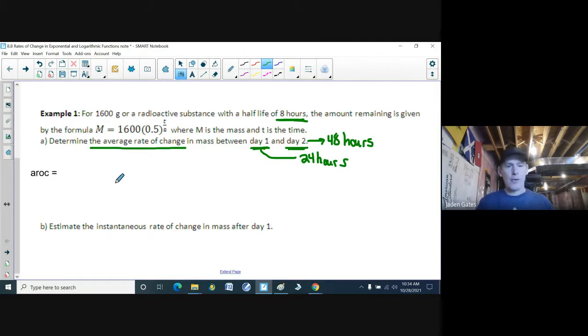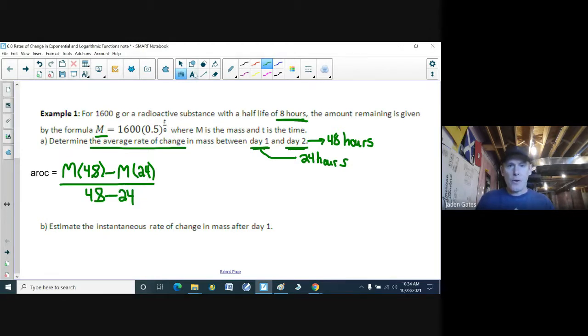Now, the average rate of change is when we're just finding the slope. So this is our m function. So m of our second x value, which would be 48, minus m of our first x value, which would be 24. That's our y2 minus y1, if you will, from grade 9 math, over x2 minus x1, which would be 48 minus 24.